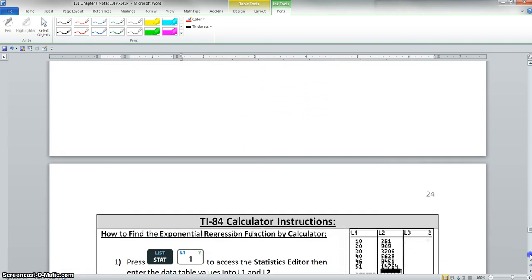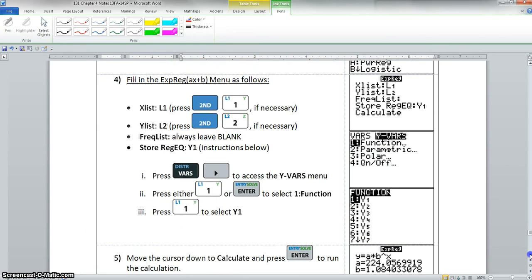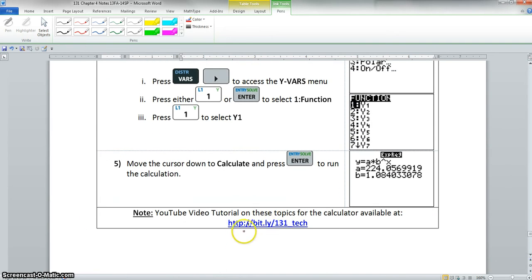Now, we go on to the next page here, which gives a few TI-84 calculator instructions. You can read those at your leisure. And also, we have the website down here at the bottom that you could easily go to and follow the steps for this particular page.